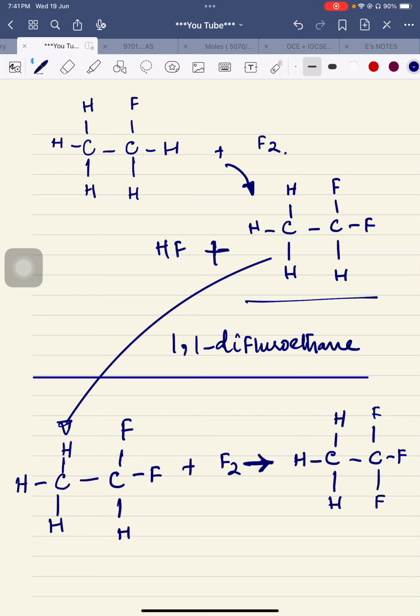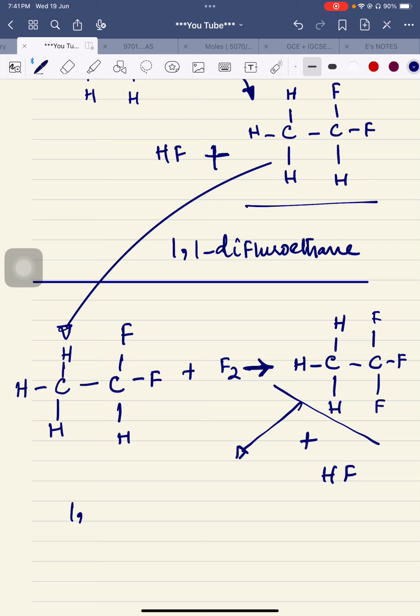This is how we are going to react, and this is the HF which is being produced. So what is the name for this compound, which is very important right now? It is 1,1,1-trifluoroethane.